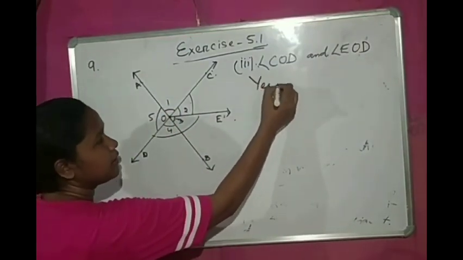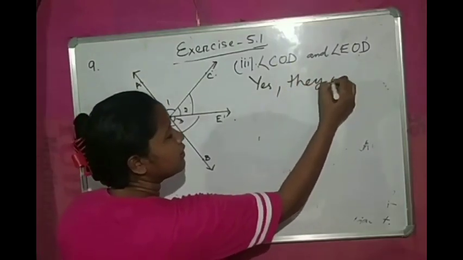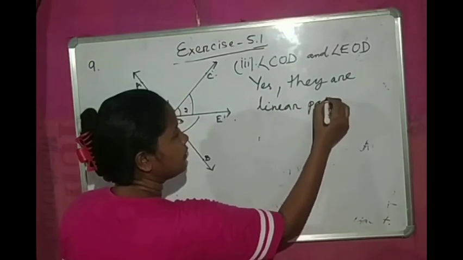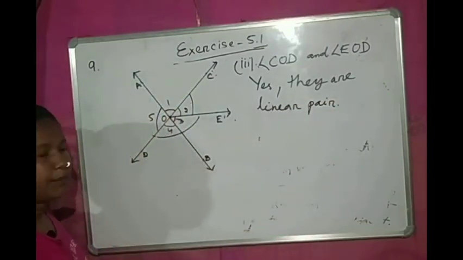Yes, they are a linear pair. Why are they a linear pair?